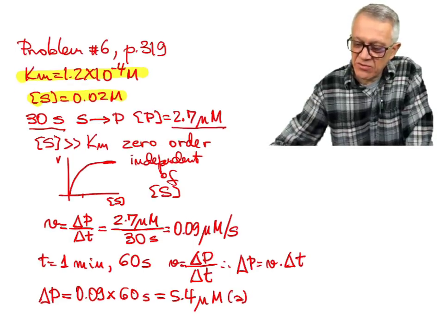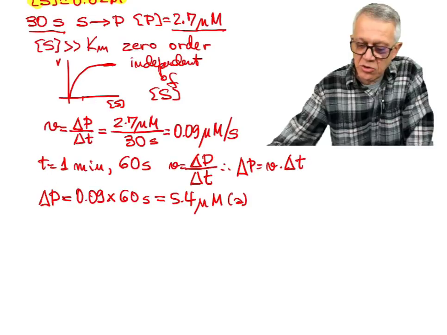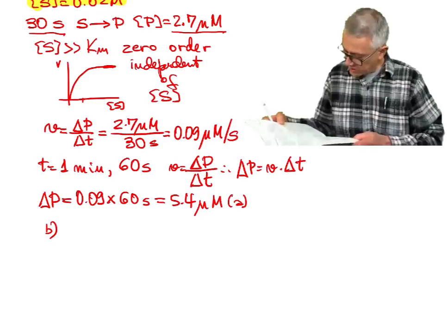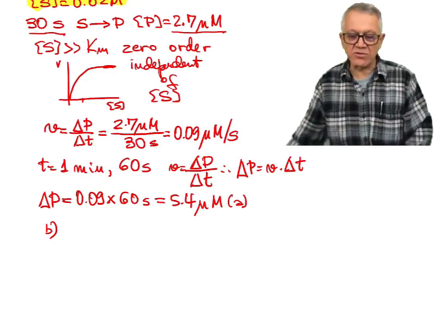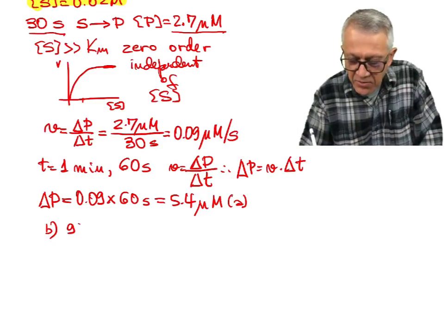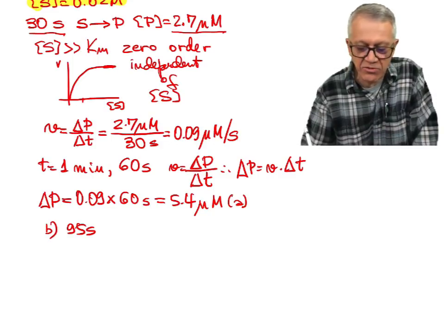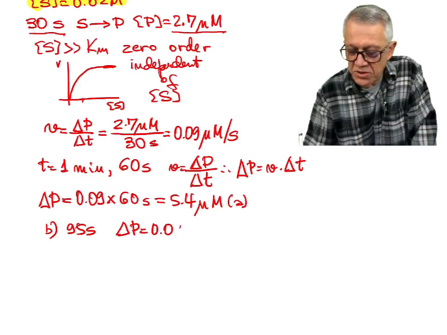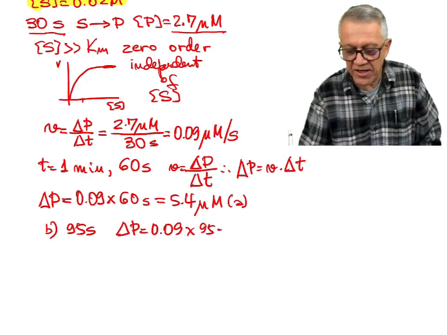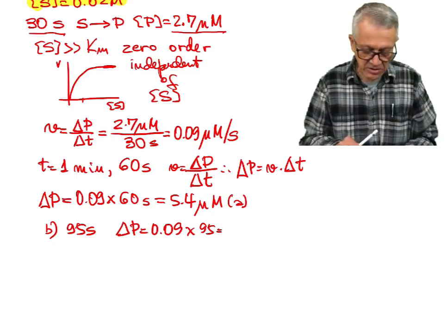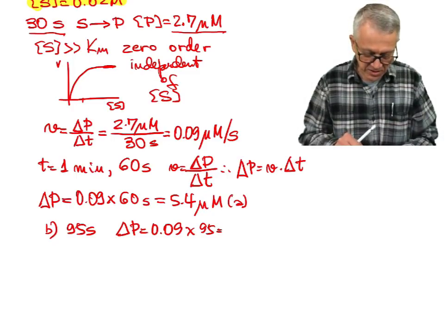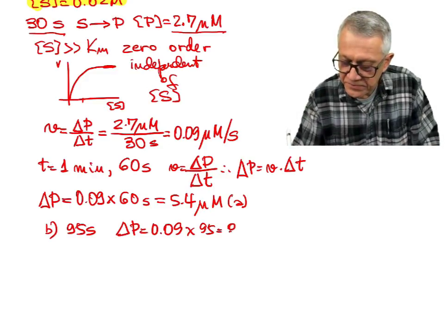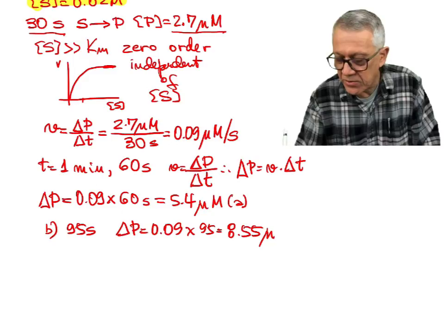Okay, let me scroll down a little bit here so that we have more space to do part B. Part B is asking what is the product after 95 seconds. Same exercise, except now we have 95 seconds. So delta P equals 0.09 times 95. That's 8.55 micromolar.